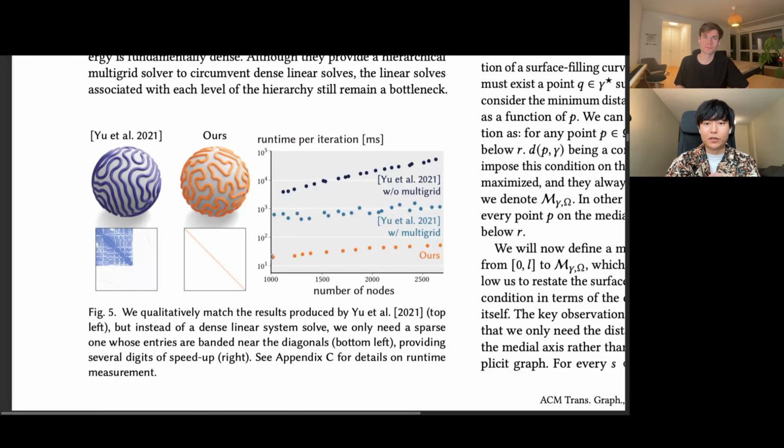So, one benefit of our method is that during your descent direction computation, you only need to invert a sparse matrix instead of a dense matrix. First, I'd like to elaborate on what a sparse matrix and a dense matrix are.